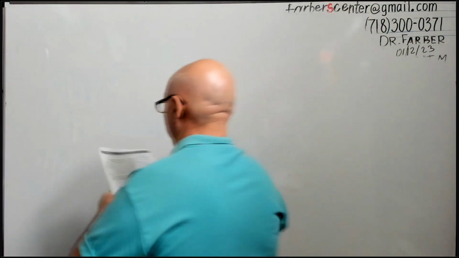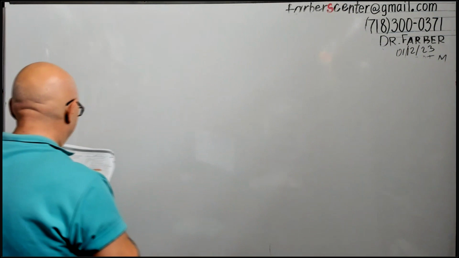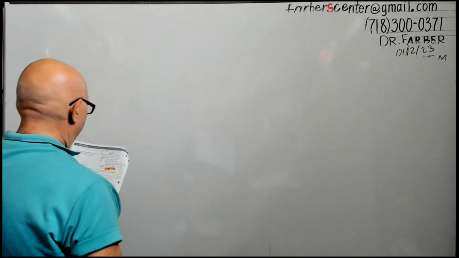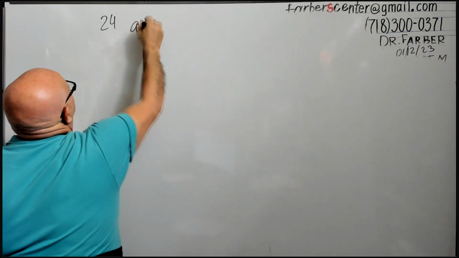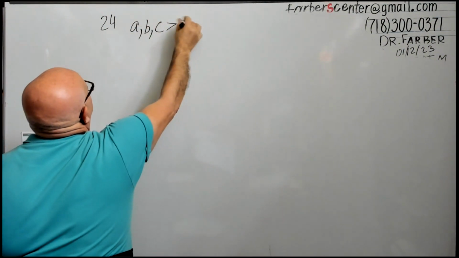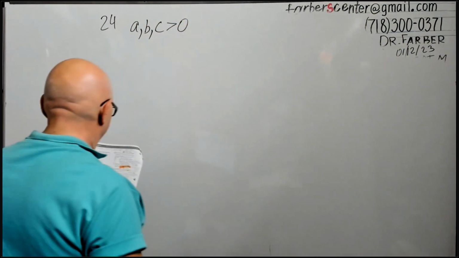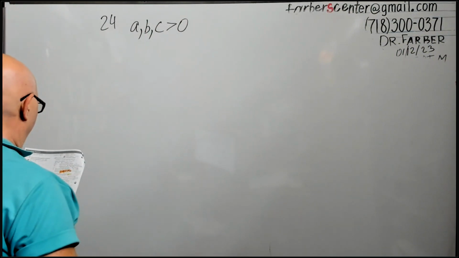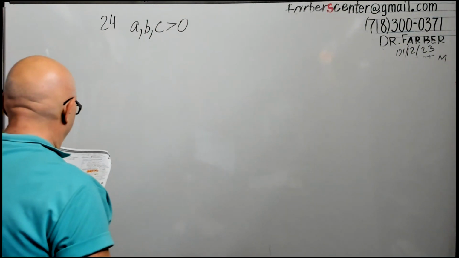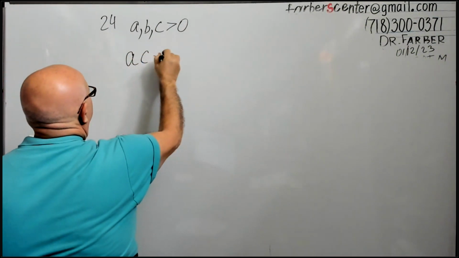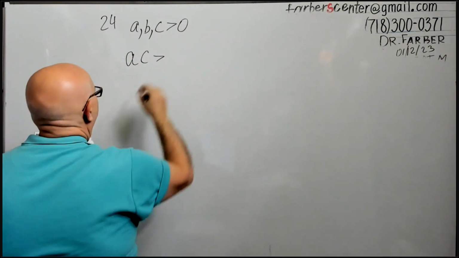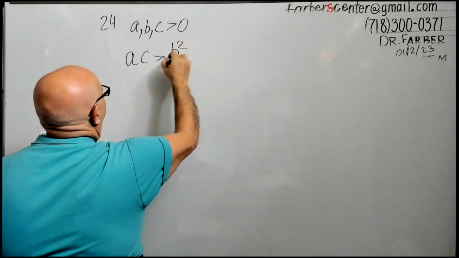In 24, A, B, C are greater than 0, positive. And AC is greater than B squared over 4.